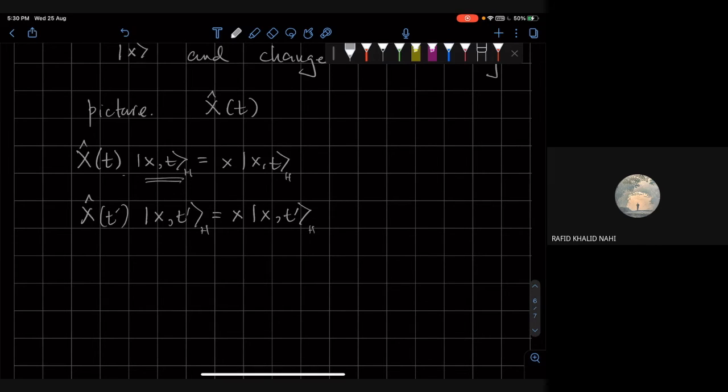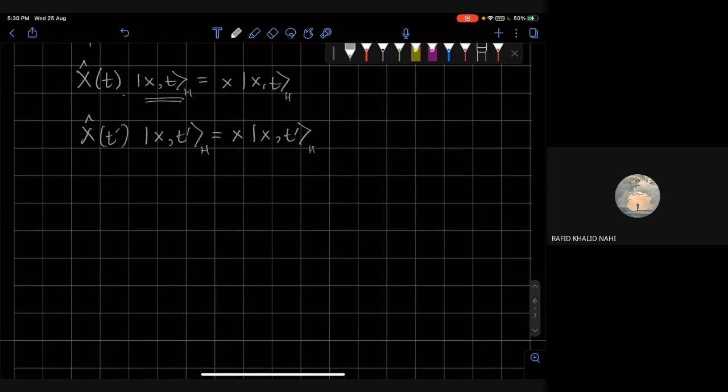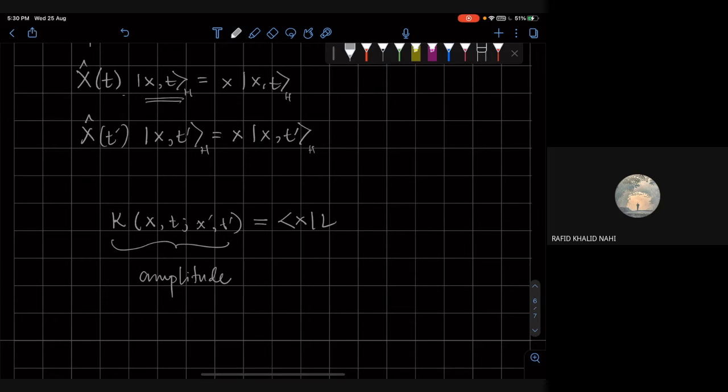So in the Heisenberg picture, what is the expression for the propagator? The propagator is K(x,t; x',t'), and this is an amplitude, right? And we know that amplitudes don't depend on the picture, but their expression in different pictures will look different. In the Schrodinger picture, it was the bra x, U(t minus t'), ket x'.